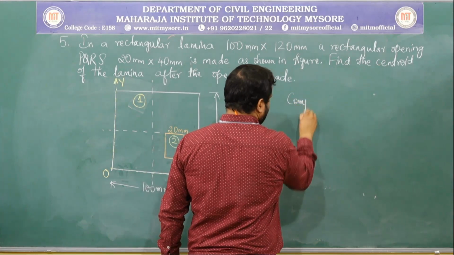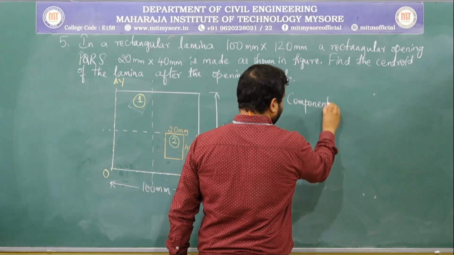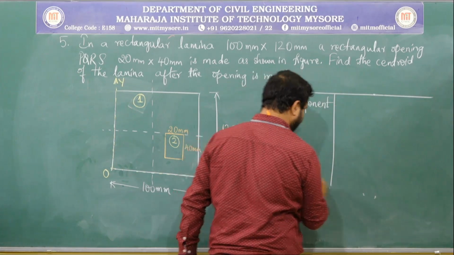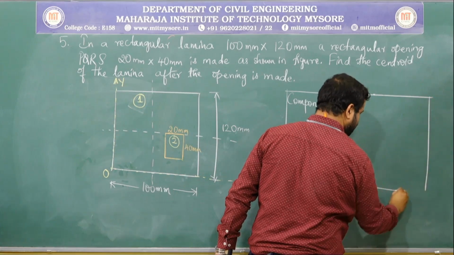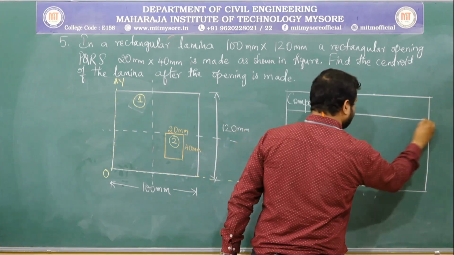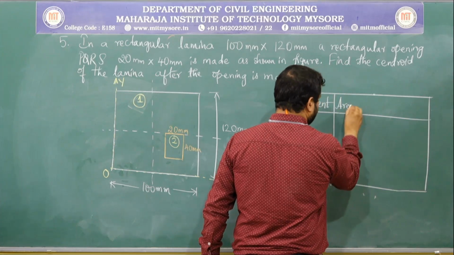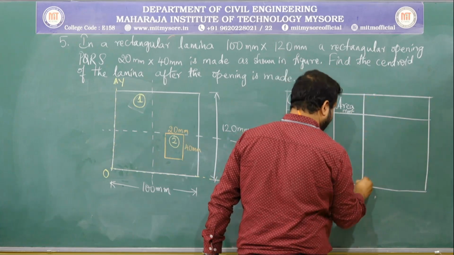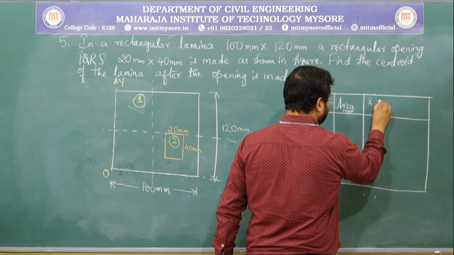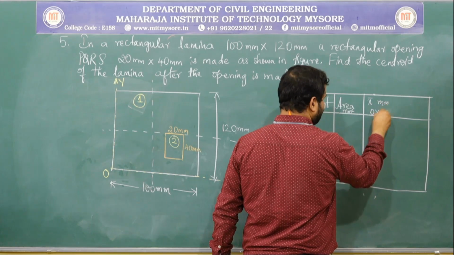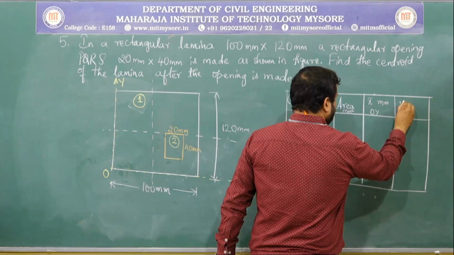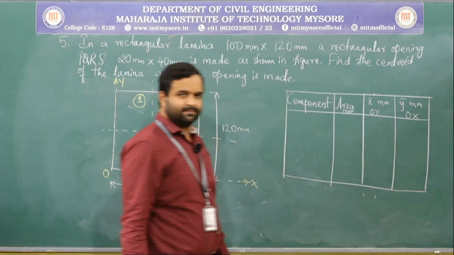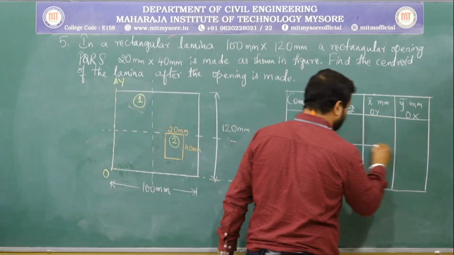So, the first column will be component, second column is area in mm square, third column is x bar with respect to OY axis, and y bar with respect to OX axis, and we have two different components here.